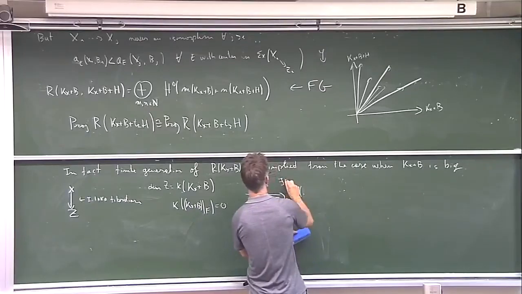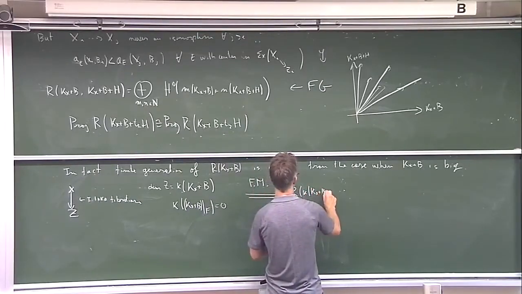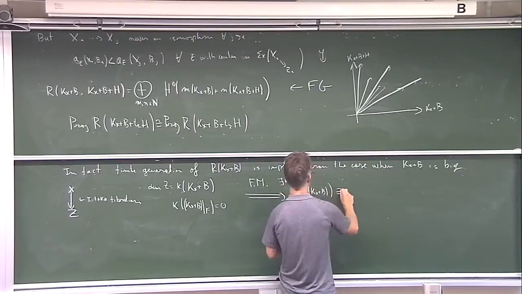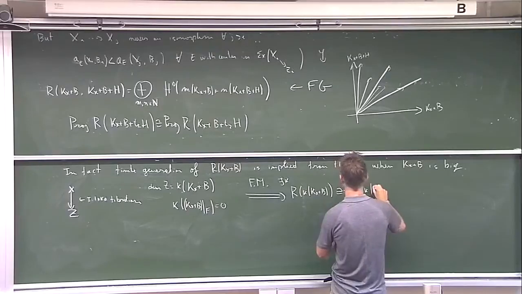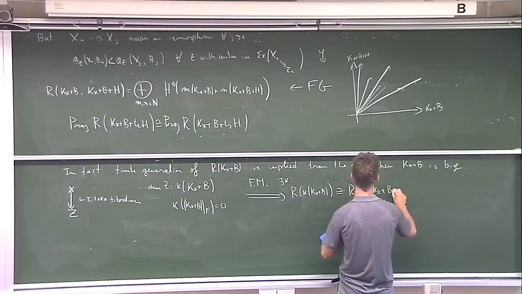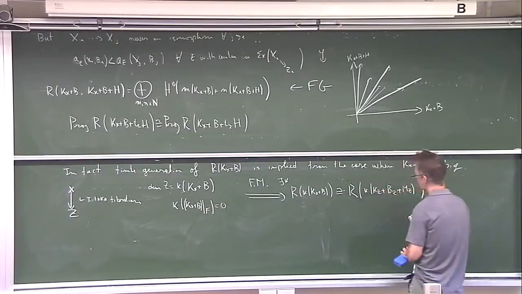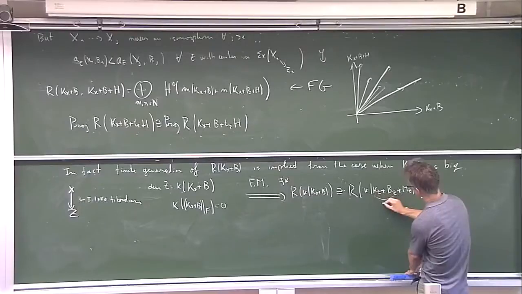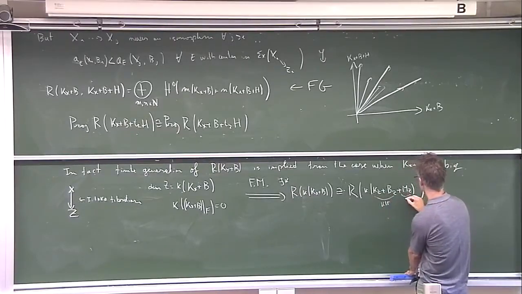There exists a positive integer k such that the ring corresponding to k(K_X plus B) is isomorphic to the ring corresponding to k(K_Z plus B_Z plus M_Z), where this is a KLT pair, and this gadget here is an F divisor.